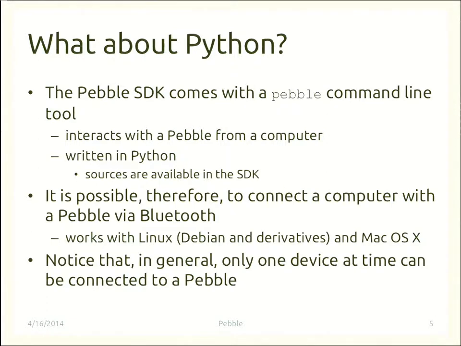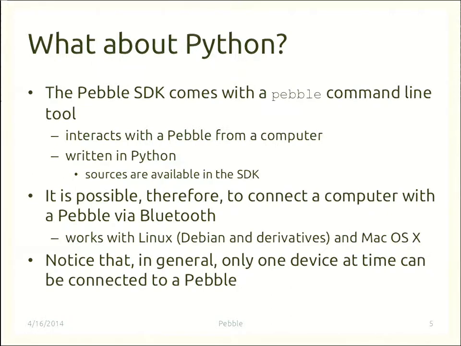Well, the Pebble SDK comes with a tool named pebble that lets a computer interact also directly with the watch, and this tool is written in Python. The sources of this tool are in the SDK. So by exploiting this tool, it's possible for us to speak directly with the watch without the need to use a smartphone or a tablet.